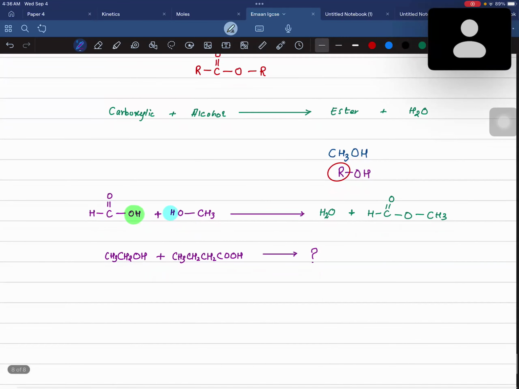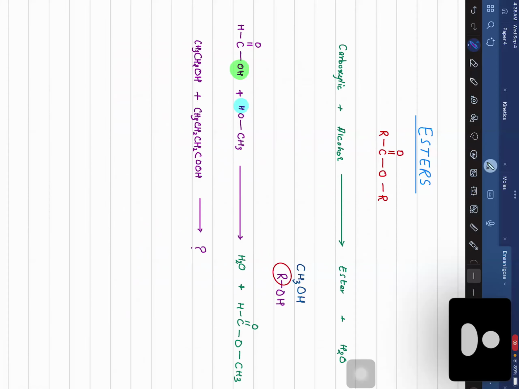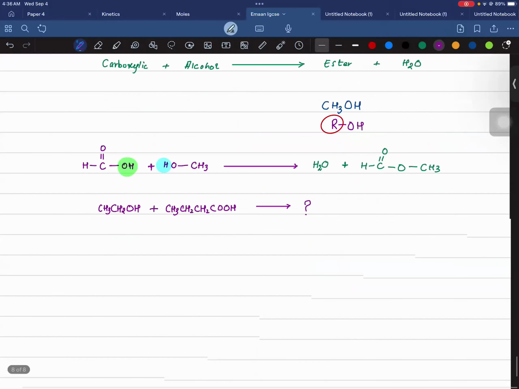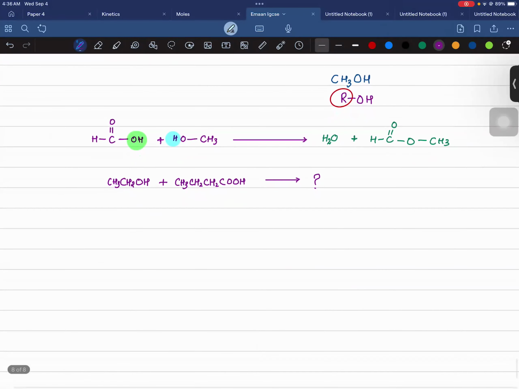This is ethanol, and this is butanoic acid. Let me draw the displayed formula of this.